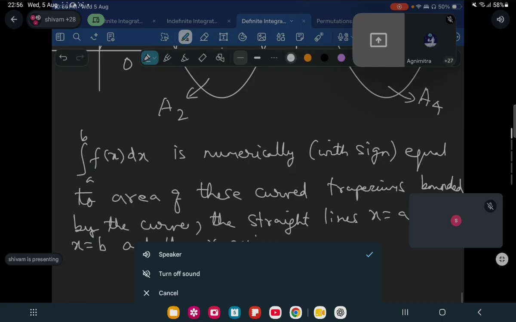Okay. Area above the x-axis is taken as positive.